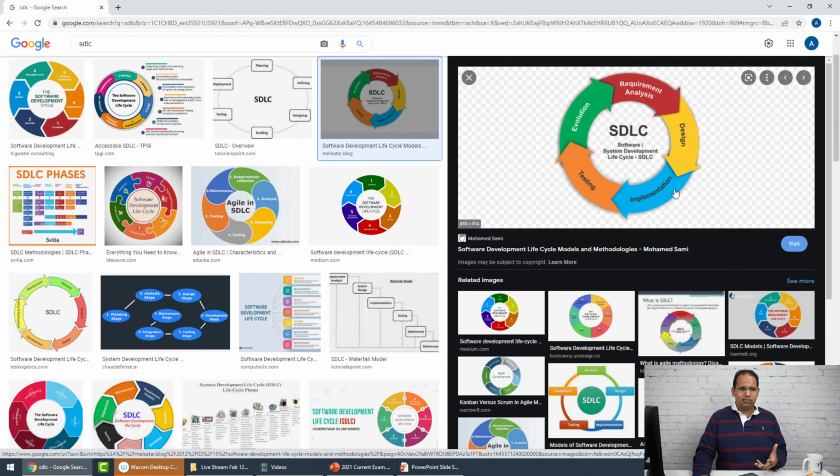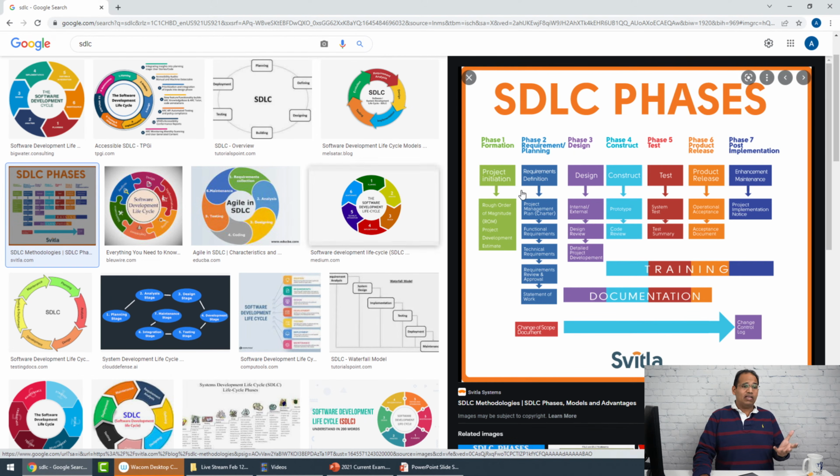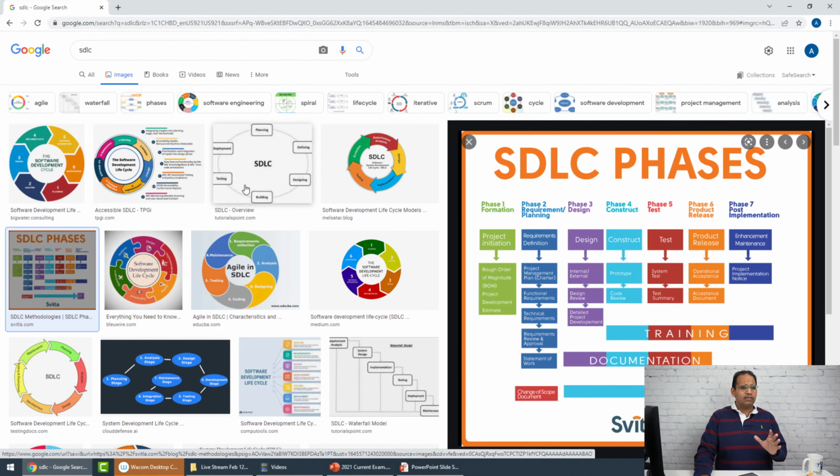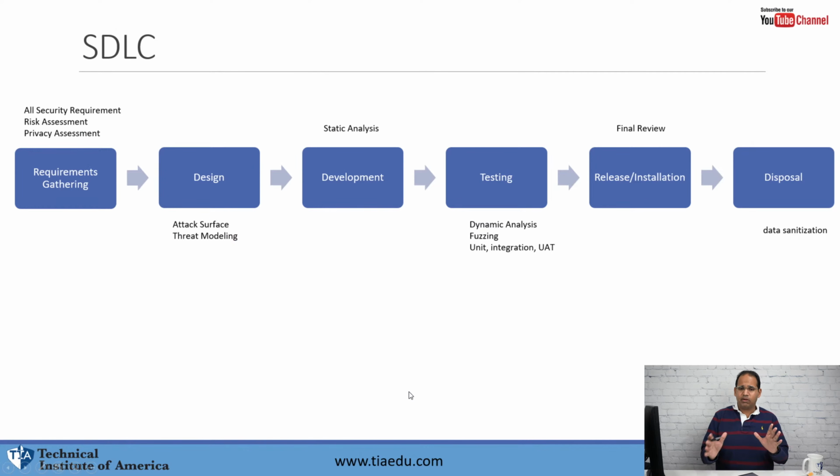So design, implementation, testing, right? Here's another one: requirements, analysis, design, coding, testing. Almost every single one of these pictures that I click on, the phase names are going to change very slightly.